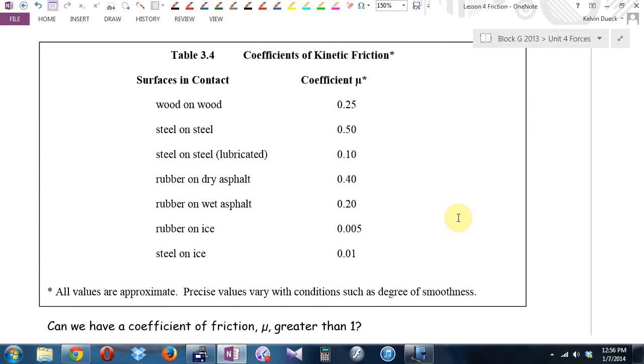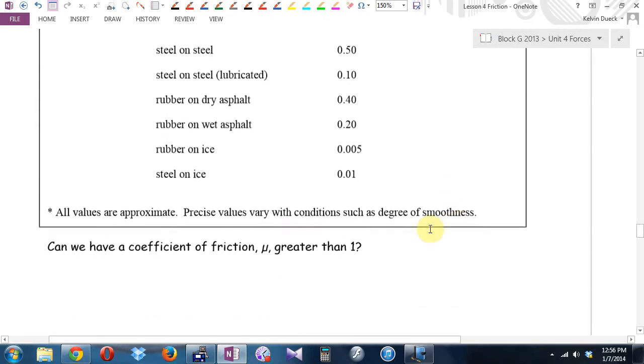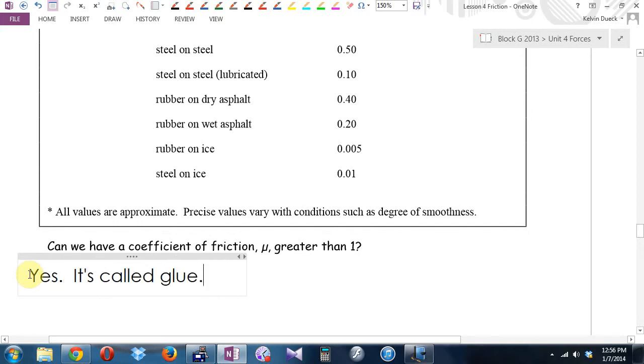Can you have a coefficient of friction greater than 1? Glue can support its weight and something else's weight. Actually, not just glue, by the way. What force makes a car go forwards?